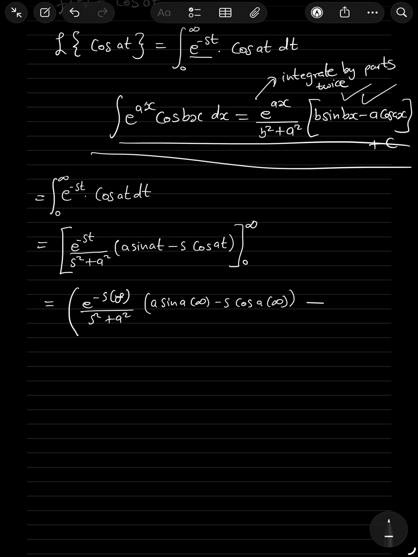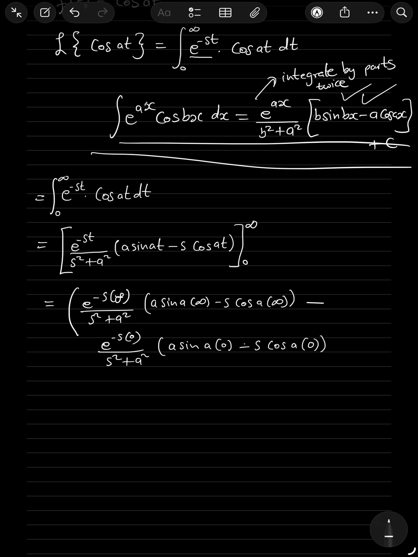This is minus, and then you substitute 0: e to the 0 over s squared plus a squared, times a sine a 0 minus s cos a 0.